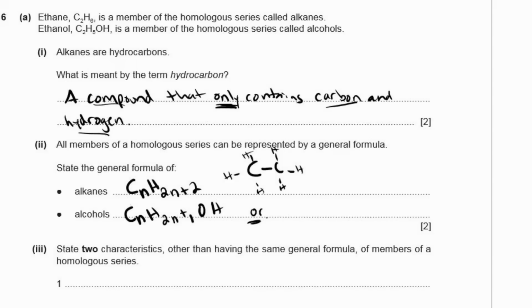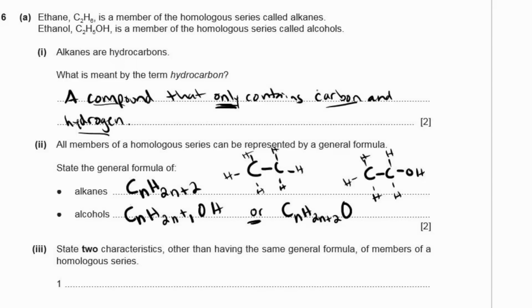Or you can say CnH2n plus 2 O. Okay, so both of those are okay. And the reason why, remember, for alcohols, here's an example of an alcohol, CCOH, HH. We have, for every carbon, we have 2 hydrogens. We have 1 hydrogen at one end, and we have an OH at the other end, or wherever it happens to be.